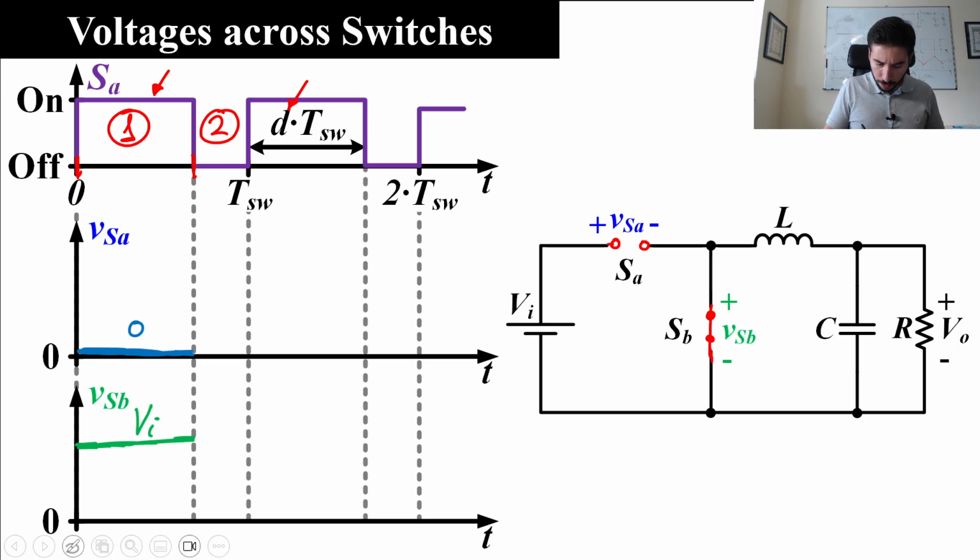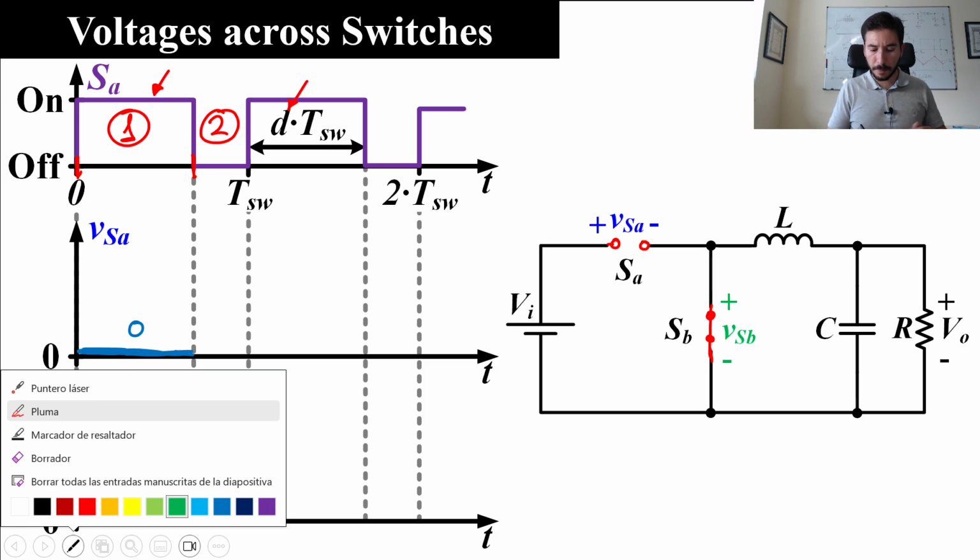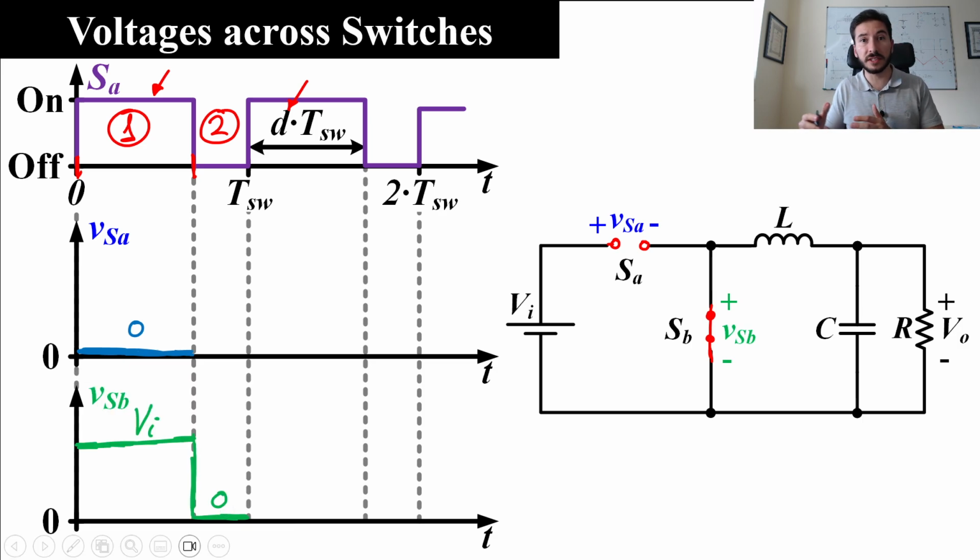Well, if we have a short circuit in switch B, that voltage is 0. And if you apply again Kirchhoff voltage law across this mesh, you will see that switch A is blocking the input voltage.